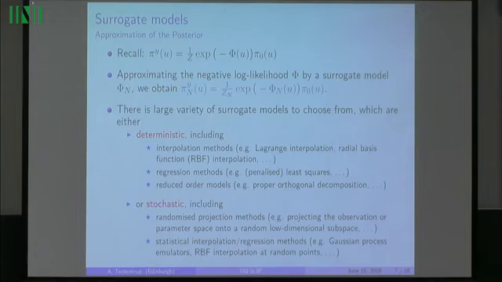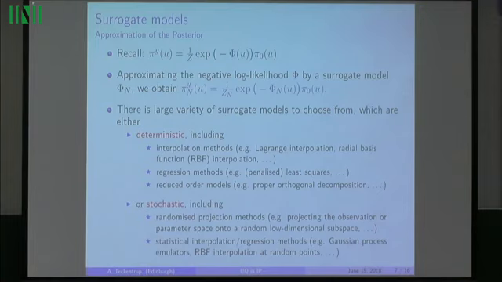Typical examples are randomized projection methods. If you have either an observation space, the space where the observations y live, or a parameter space where the parameter u lives, which is very high dimensional, then frequently you project it onto a lower dimensional subspace, or you try to find active dimensions, and that is quite frequently done in a random way, because projections onto random subspaces have very nice properties.